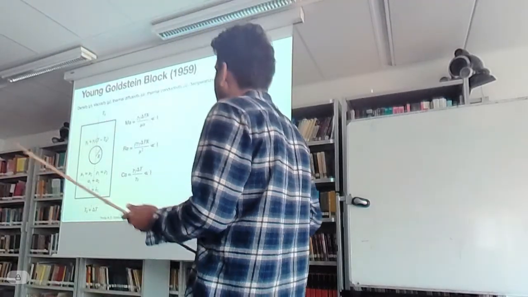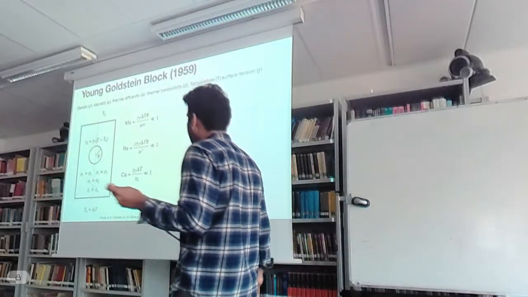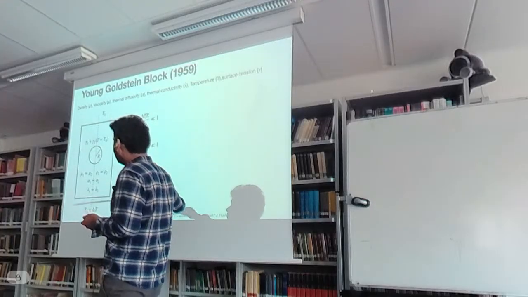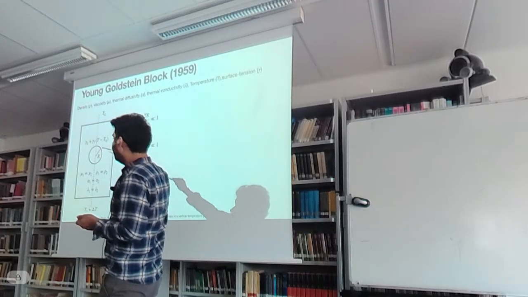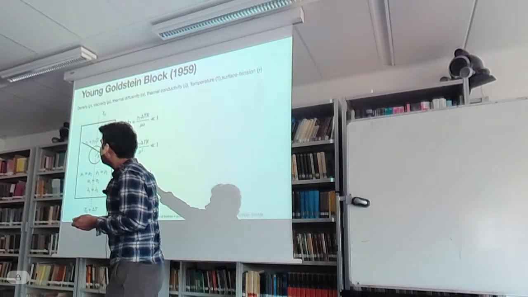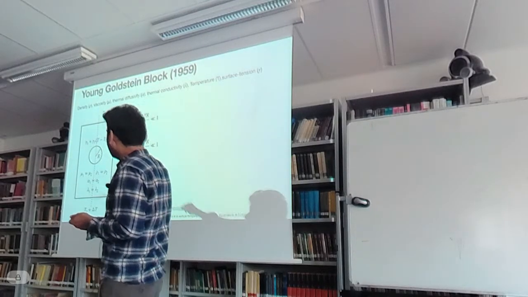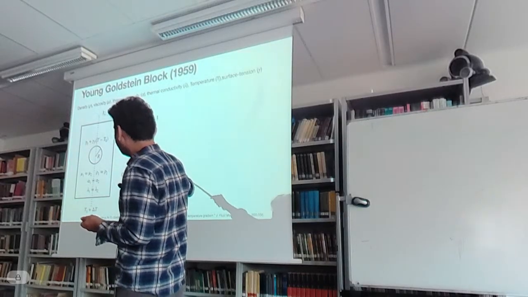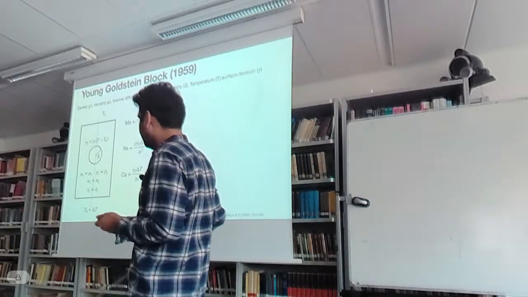Then we move to the cases where we have Marangoni flows. So I chose this test case, which is Young, Goldstein, and Block. So you have a temperature gradient in which you put the interface. This temperature gradient causes the surface tension to change, and the control parameters in this are the Marangoni number, Reynolds number, and the capillary number.